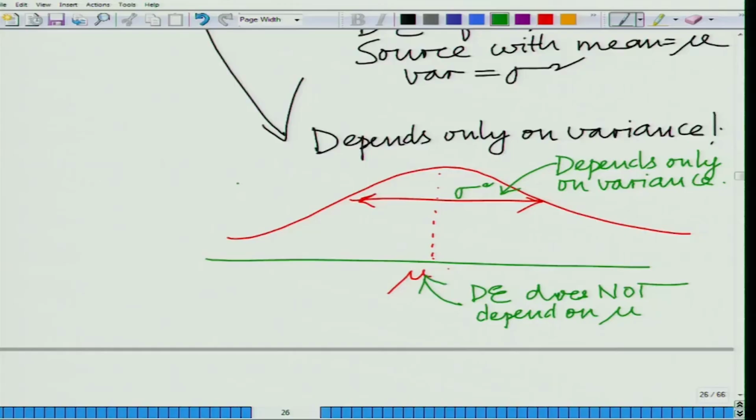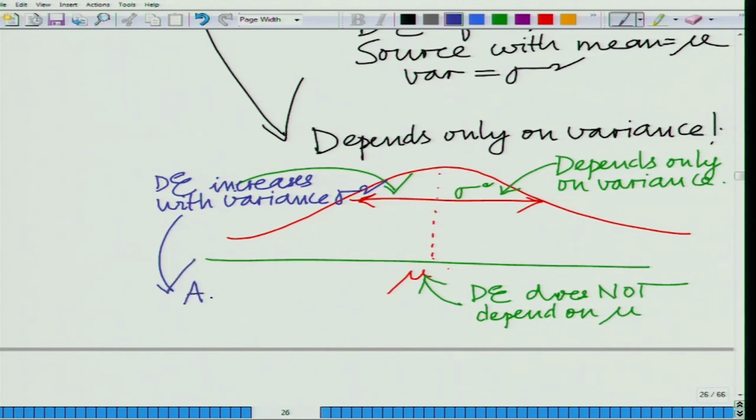Therefore, the differential entropy is increasing, because entropy is nothing but a measure of uncertainty. So, the differential entropy increases with variance sigma square as the uncertainty increases.